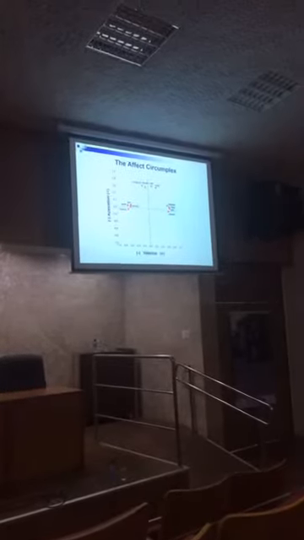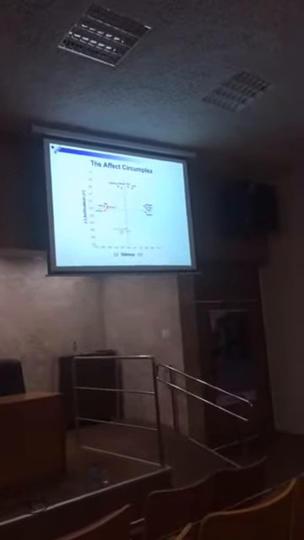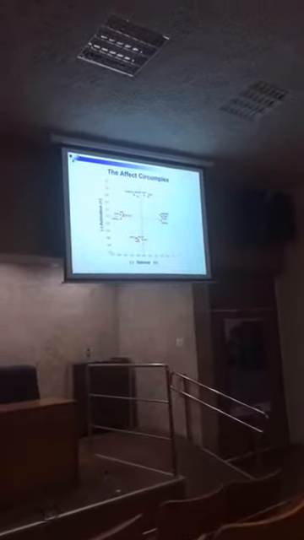Pleasant things, unpleasant things. High activation things that are neither pleasant nor unpleasant, they're neutral. Low activation things that are neither pleasant nor unpleasant. Mixtures of high activation with pleasure, mixtures of low activation with displeasure. Mixtures of high activation with displeasure, mixtures of low activation with pleasure.